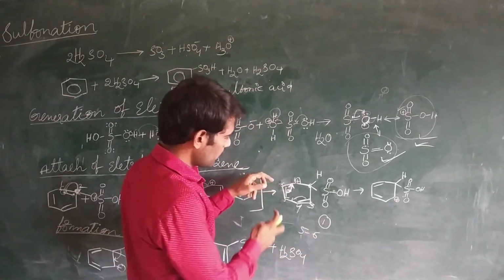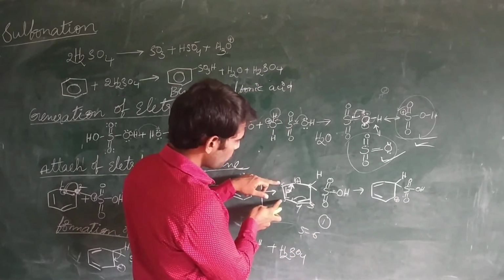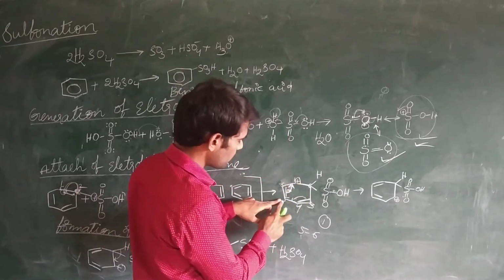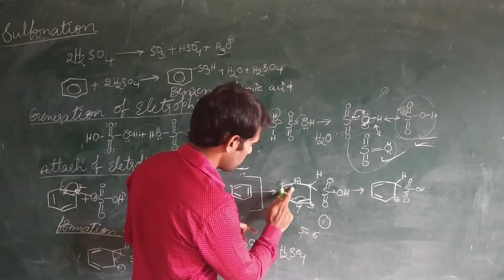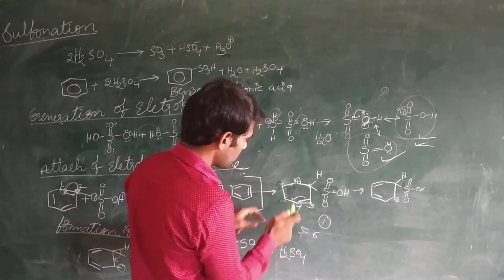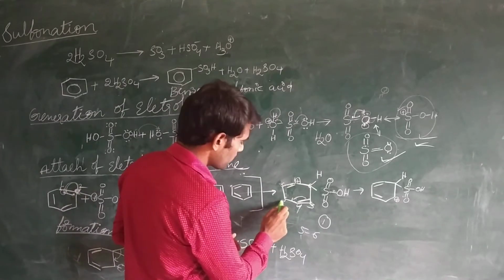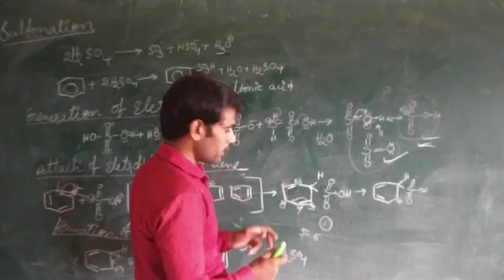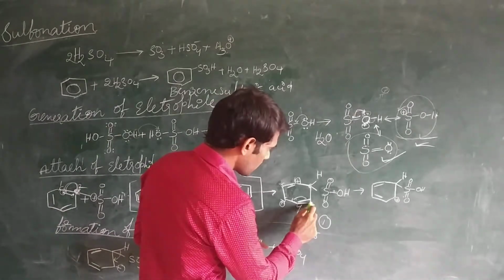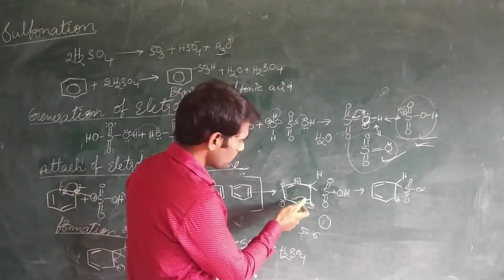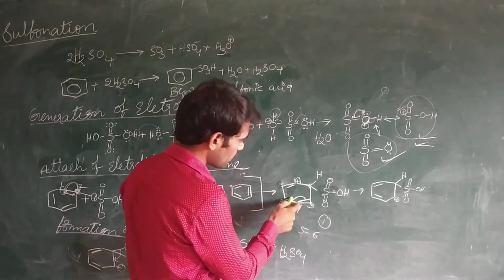Now what happened? These pi electrons are moving between the sixth and first carbon. As a result, the fifth carbon is getting positive charge. Immediately, between the third and fourth carbons there is a pi electron. These pi electrons are moving between the fourth and fifth carbon.